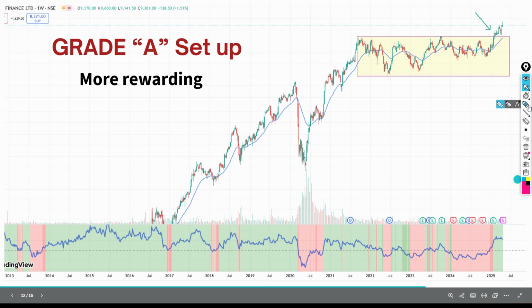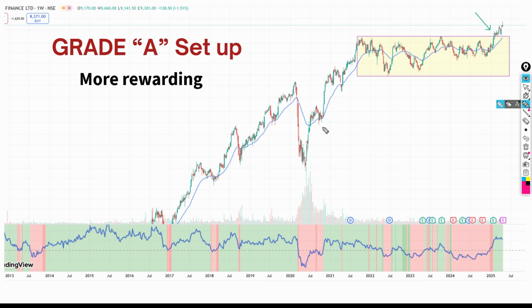After this beautiful stage 2, the top goes into stage 3. From stage 3, instead of breaking down into stage 4, the stock picks up and breaks up again into all-time highs.